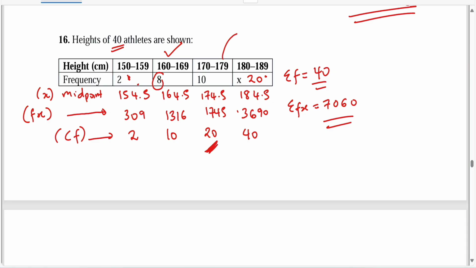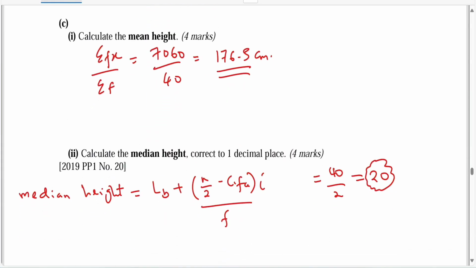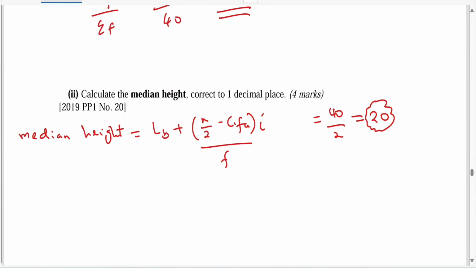So your answer is this one, your upper boundary, which is 179.5. So hii yote formula ni irrelevant. But just in case hujaelewa, let's use the formula still.